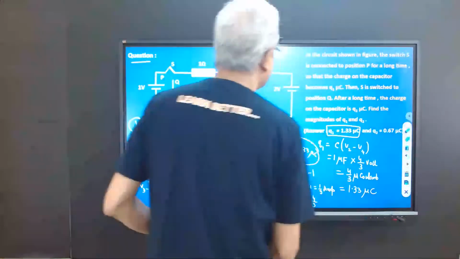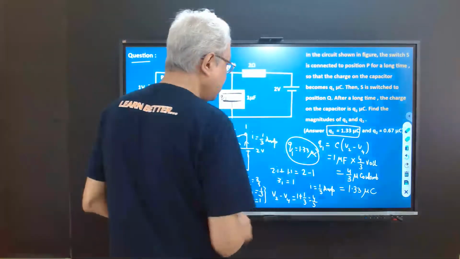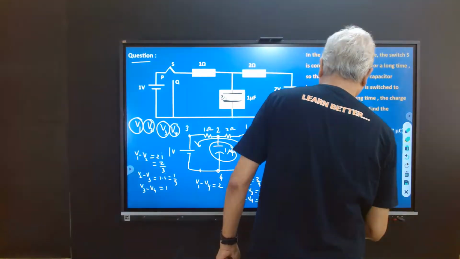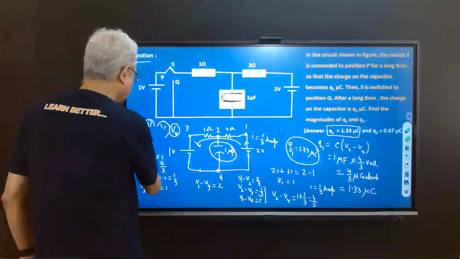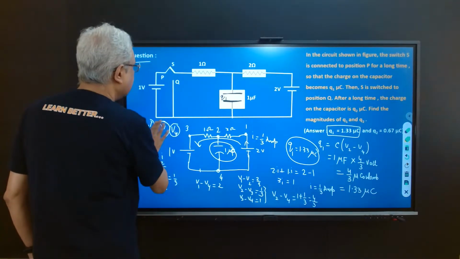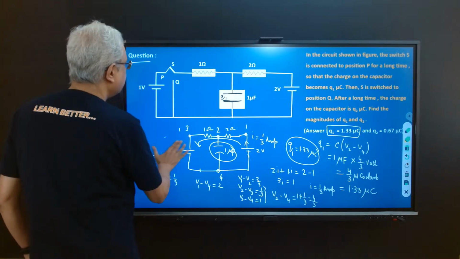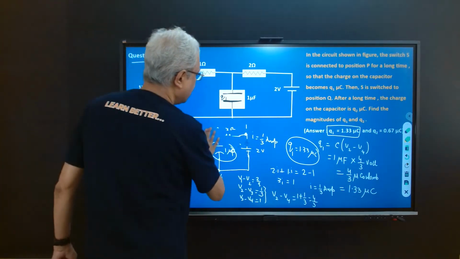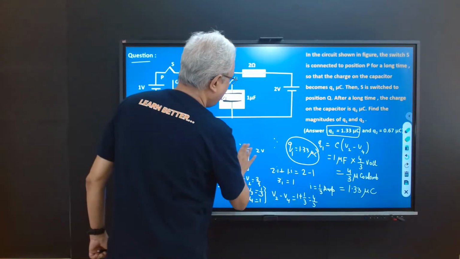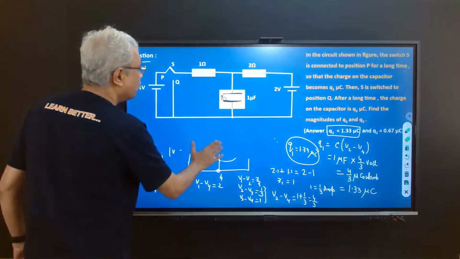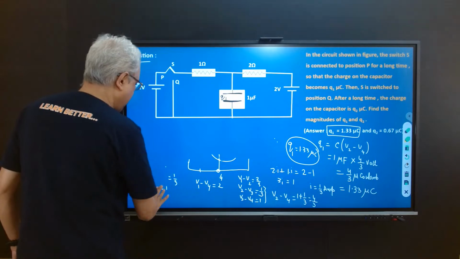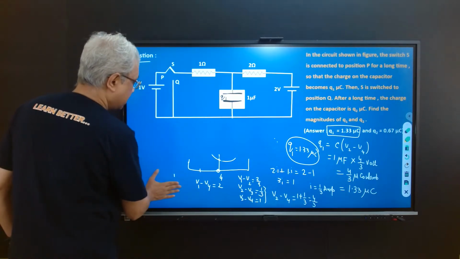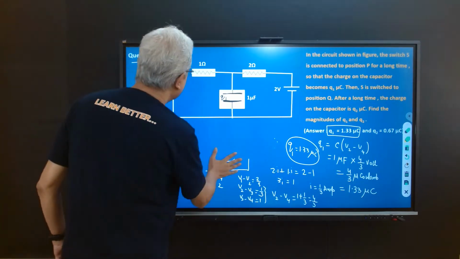First part is answered. Now the switch is moved to position Q and kept for a long time, and after a long time, what is the charge acquired by the capacitor? That is to be found out.